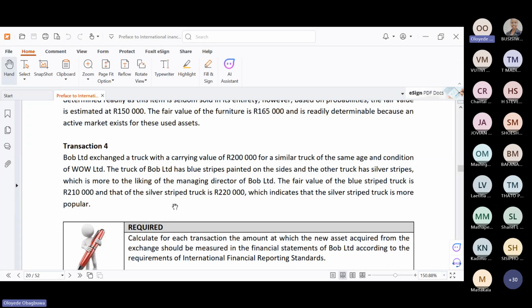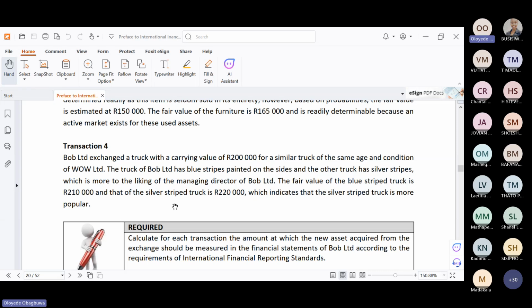The truck of Bob Limited has blue stripes painted on the side, and the other truck has silver stripes, which is more to the liking of the managing director of Bob. The fair value of the blue stripe truck is 210, and that of the silver stripe truck is 220, which indicates that the silver stripe truck is more popular.